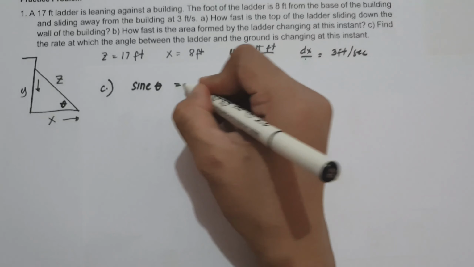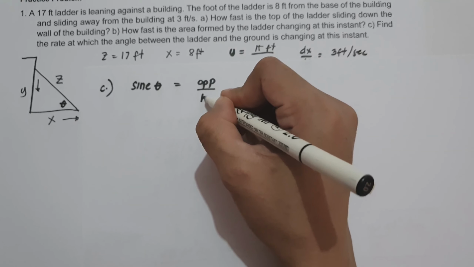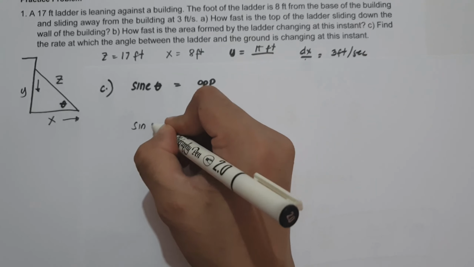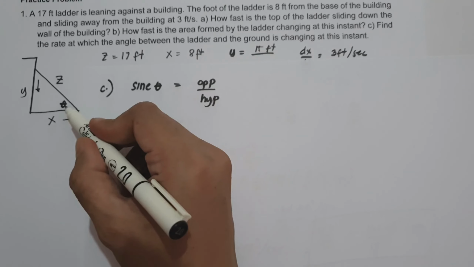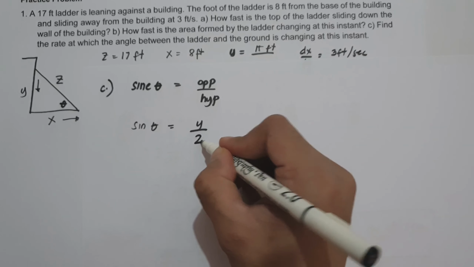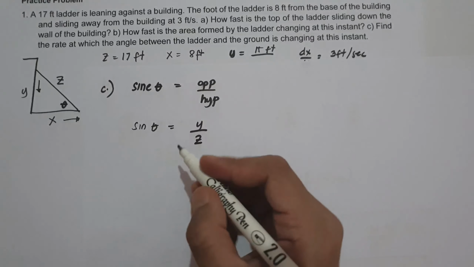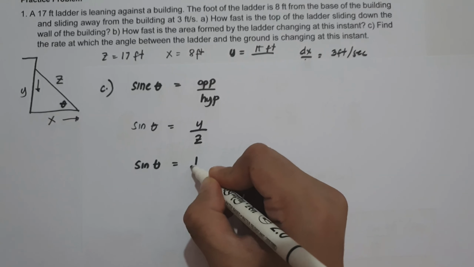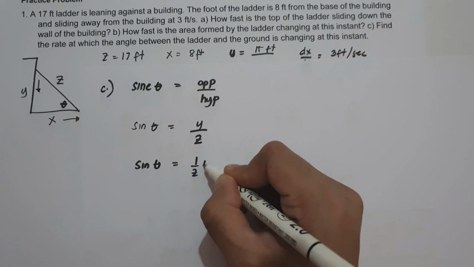Sine theta is opposite over hypotenuse. So we have sine theta, opposite to theta is y, and the hypotenuse is z. So let us write this as sine theta equals 1 over z times y.